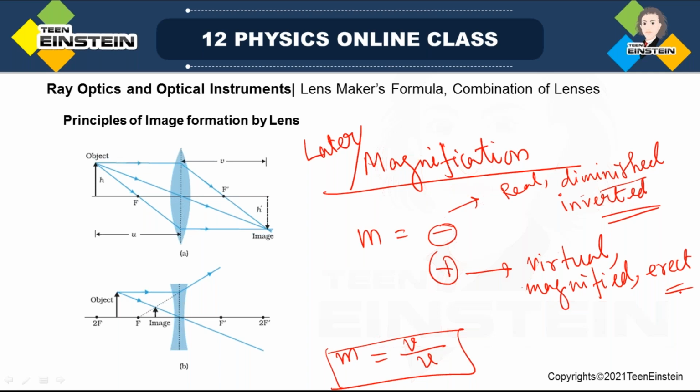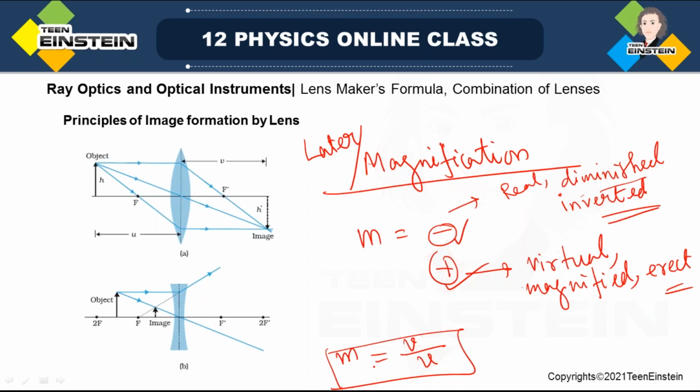So these are the nature. Sometimes there will be a numerical problem, and then they will ask what is the nature, where is the position of the image, whether it is real or virtual, whether it is diminished or magnified, whether it is inverted or erect. So these are the things you can get from the sign of the magnification.